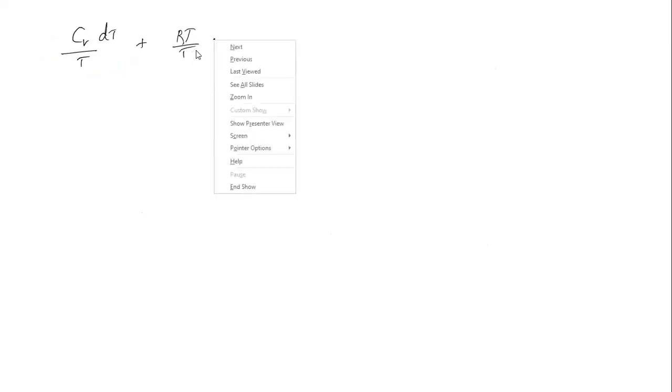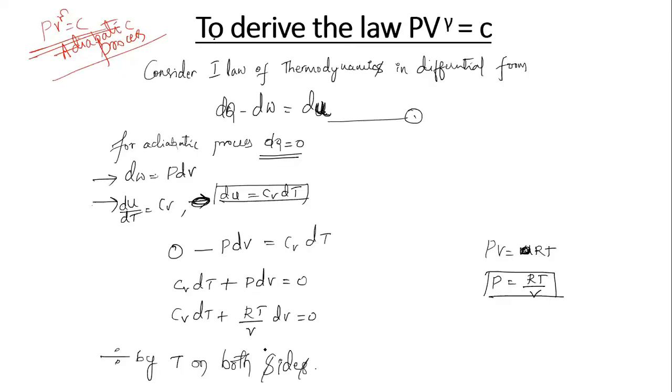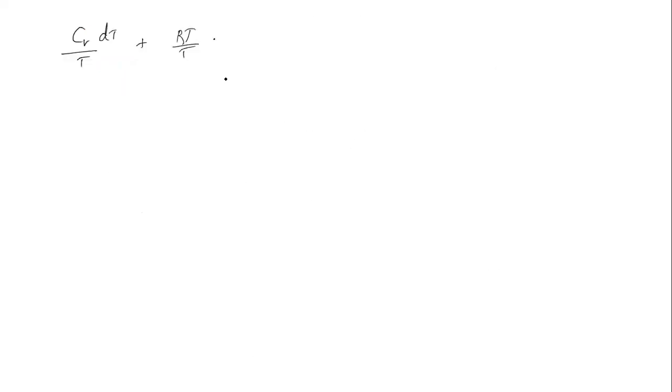Now what happens? Cv dT divided by T plus RT divided by T... V divided by T into dV is equal to 0. 0 by T is 0.